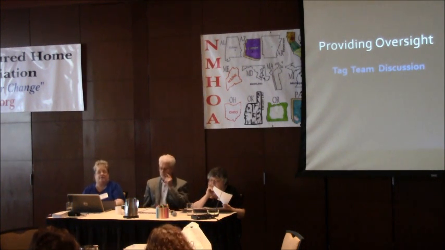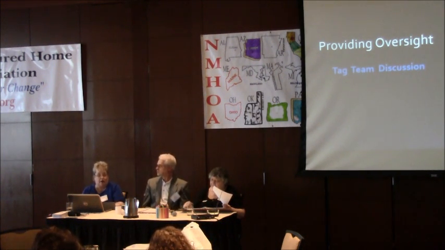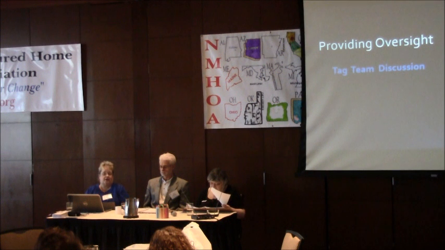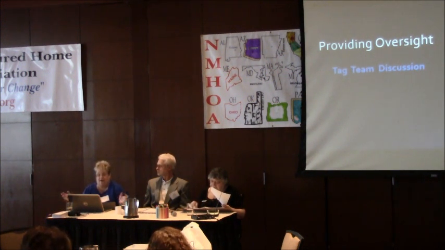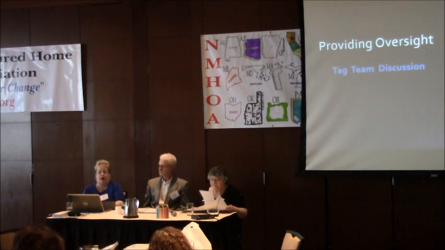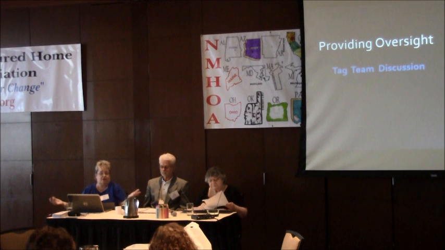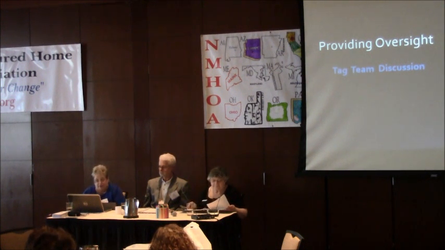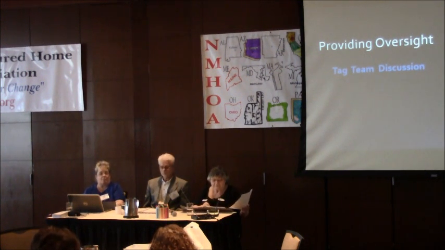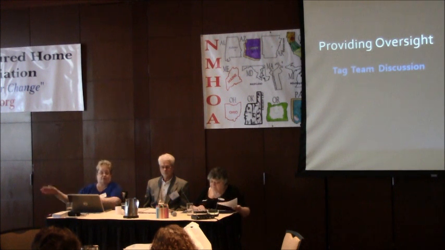If you're operating differently than what your bylaws require, you need to change your bylaws, because everything should be updated at least every 3 years, or at least looked at, to make sure that you're still operating the way your bylaws require. Because if the IRS comes in and does an audit and you're not doing that, they're going to ask, why are you operating differently than what your bylaws declare?